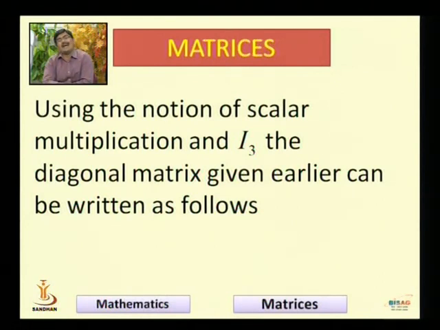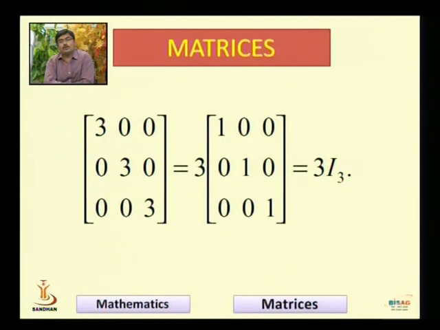So, similarly I3 is a square matrix whose entries in the main diagonal are 1 and other entries are 0. We will just now see it in a moment. And what is the notion of scalar multiplication that we have defined? With help of this notion, let us look into this scalar matrix. See, we have seen just now that this is a scalar matrix.